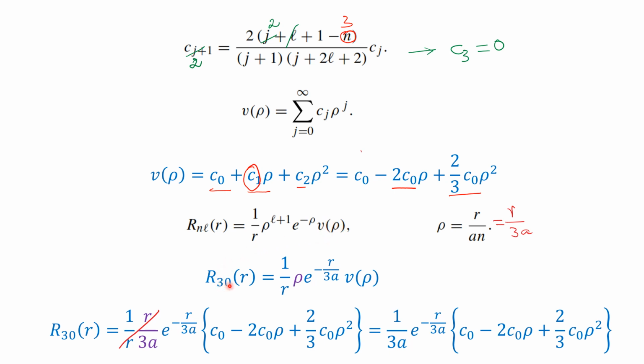In this case l is equal to 0, so rho to the power 0 plus 1 is just rho, where rho is r over 3a.